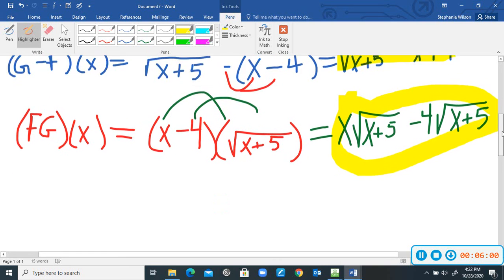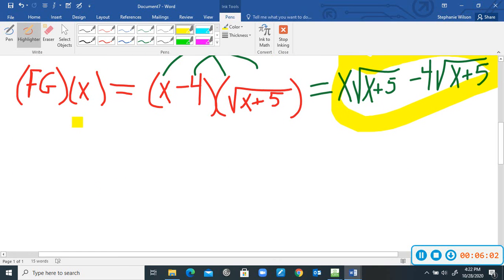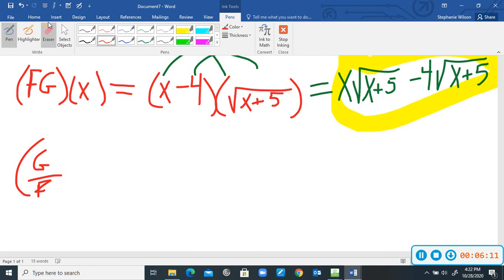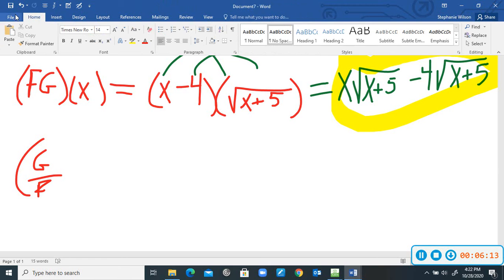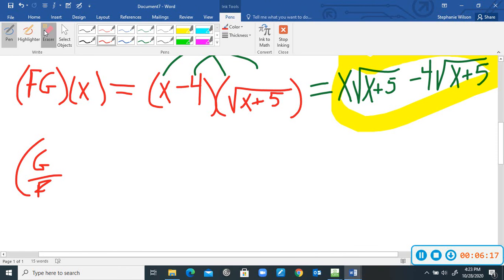Now, let's do the division. So let's go to G first as well. Let's say we want to know G divided by F of X. Sorry about that, guys. Let me get my pencil back. Gotta rewrite my F where it's nicer looking.